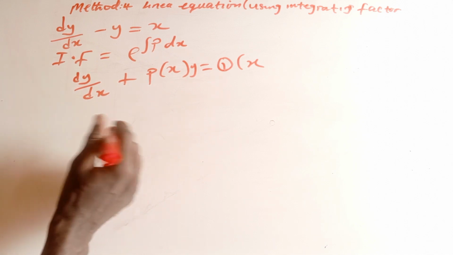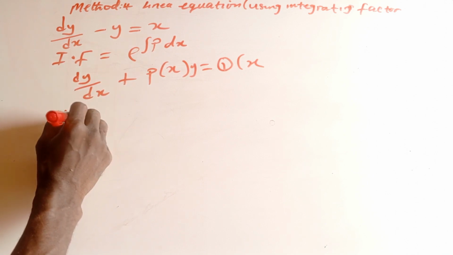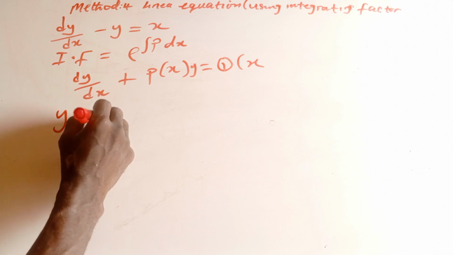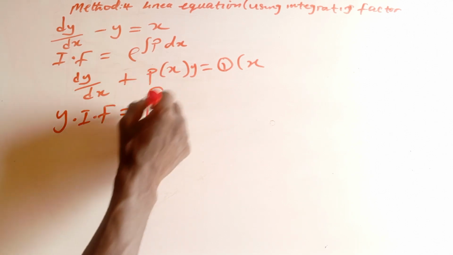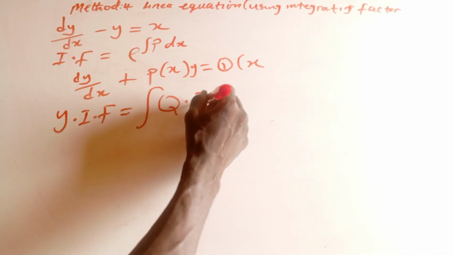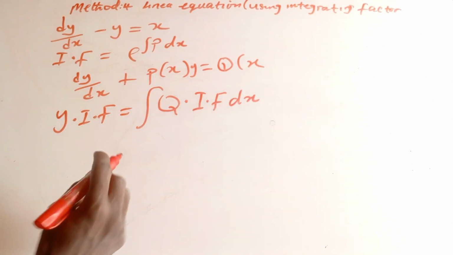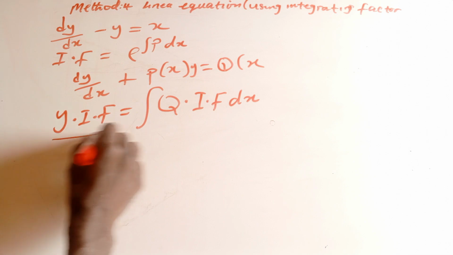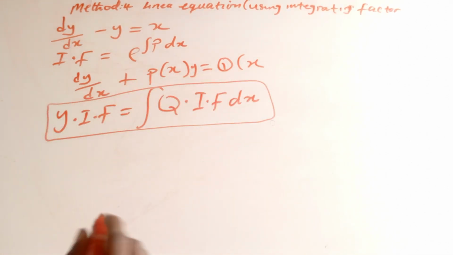Now the general formula we can use says y multiplied by the integrating factor is equals to the integral of q multiplied by the integrating factor dx. Then we are going to use this in solving the problem.